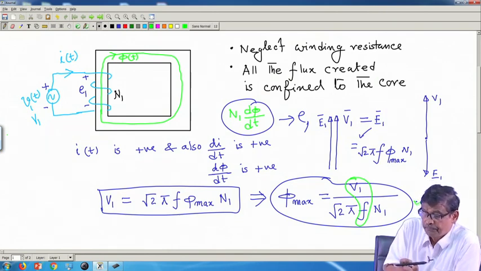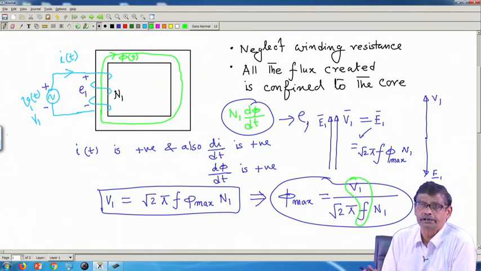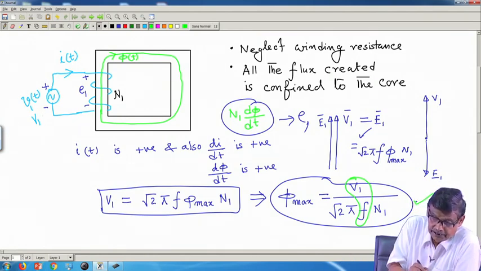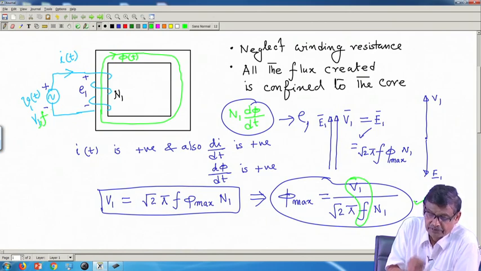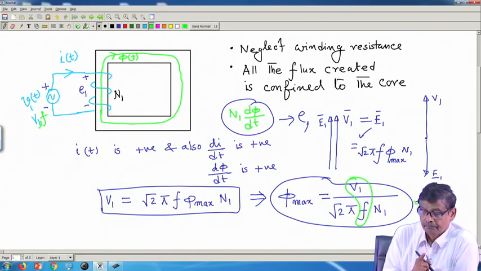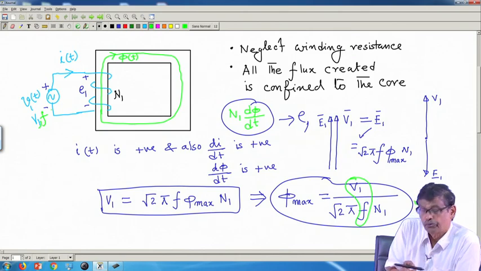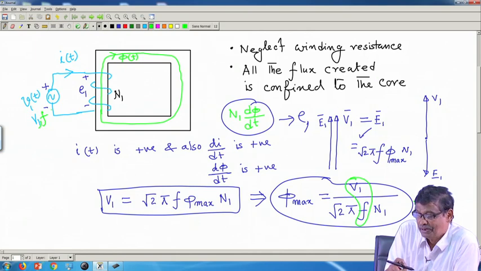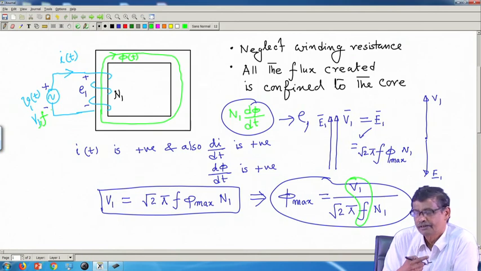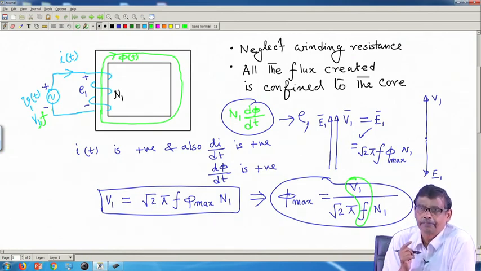In other words, if mu bar changes, with a different magnetic material, phi max you cannot alter. It is solely decided by V 1 and the supply frequency. They have the last word about the strength of the flux created inside the core, nobody else, and definitely not the relative permeability of the core material. Supply voltage and frequency fixed, phi max is decided.